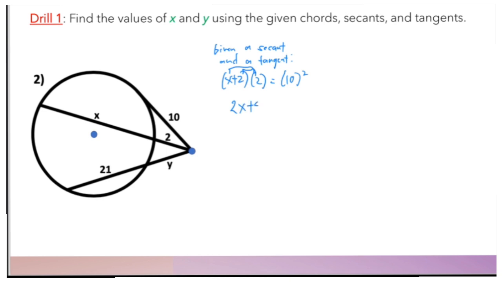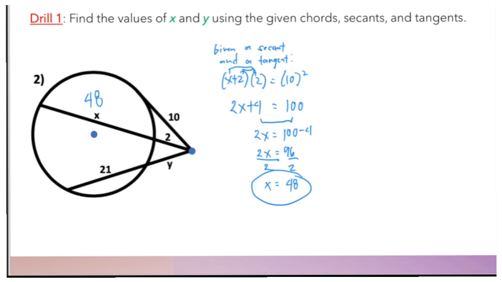So you have 2x plus 4 equal to 10 squared, which is 100. Let's put 4 to the other side. We'll have 2x is equal to 100 minus 4, or 2x is equal to 96. Divide both sides by 2. X is equal to 48. As quick as that. So this will be 48.